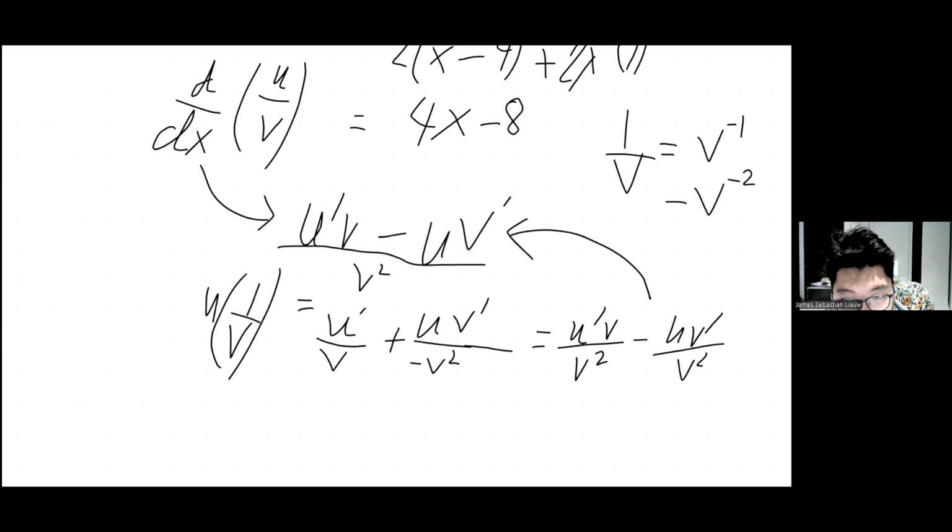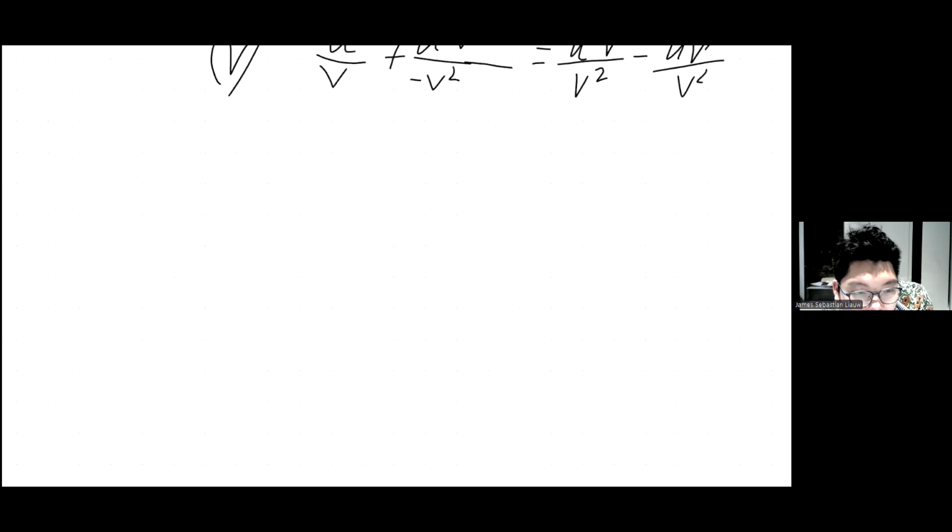Okay, now I'm going to show an example for the quotient rule. Find the derivative. Well, how do you do this?